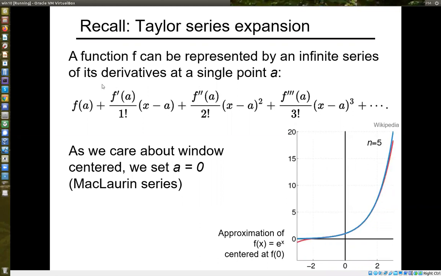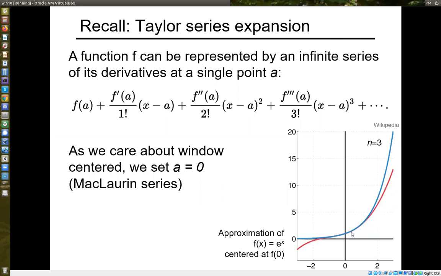For the Taylor series expansion, you're trying to expand a function around some point, here the point 0. The original function is the exponential function e to the x.